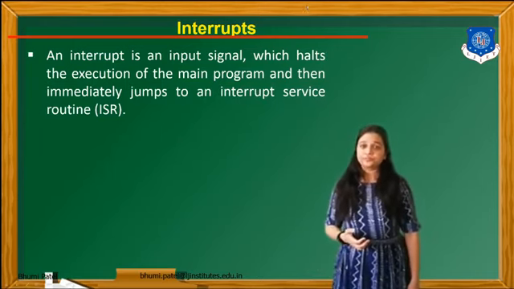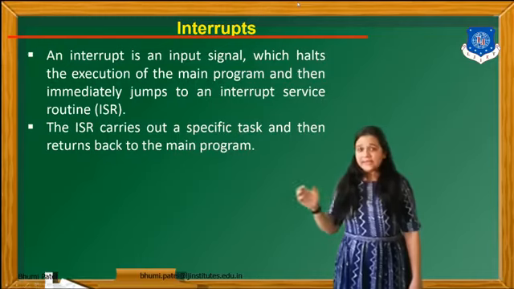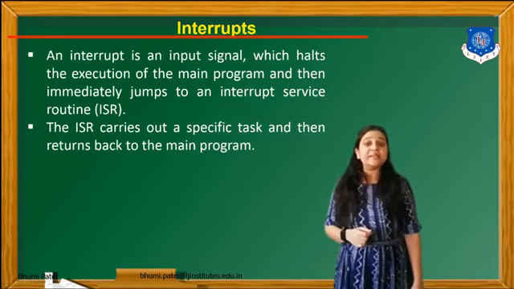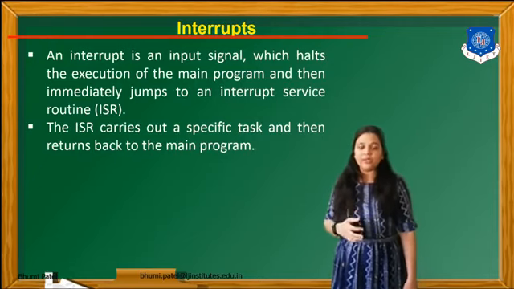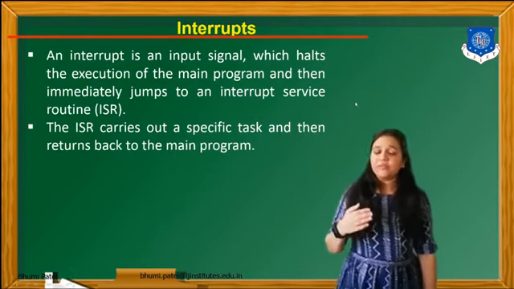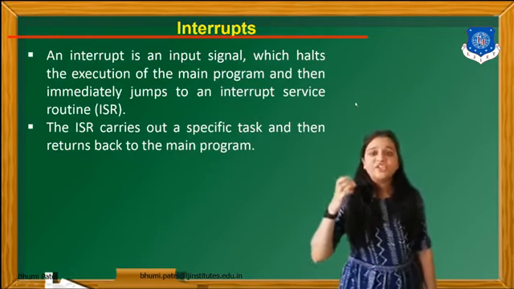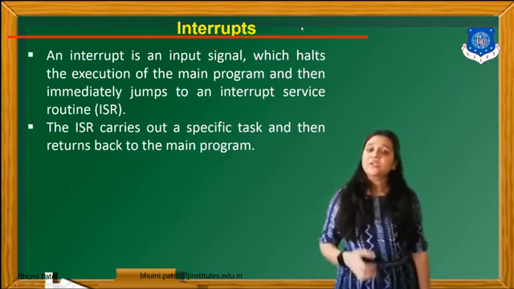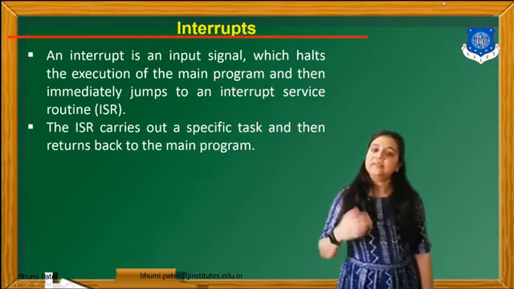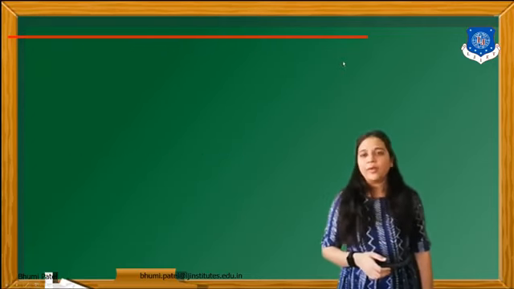The ISR carries out a specific task and then returns back to the main program. Same like a jump with return, it jumps to a particular location, carries out some specific task and then returns back to our main program.